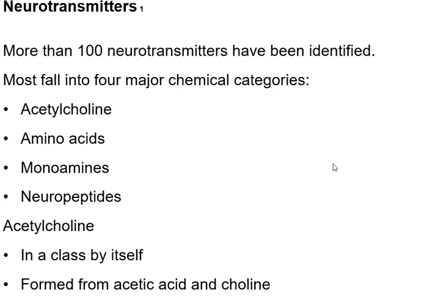Now, there's over 100 neurotransmitters that we've identified, so you guys are only going to learn a small handful of those. Acetylcholine is really important because it's one of the main neurotransmitters that keeps our skeletal muscles going. And as an interesting thing, acetylcholine is formed from acetic acid, which is vinegar. So that's kind of interesting.